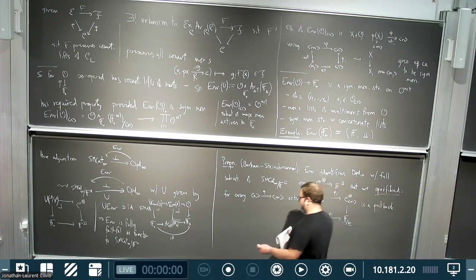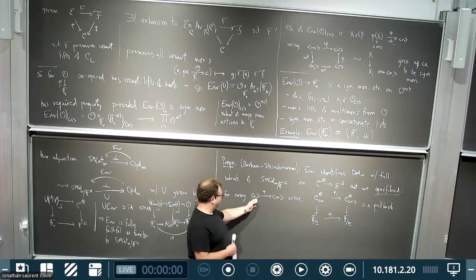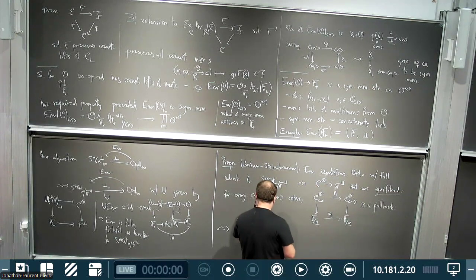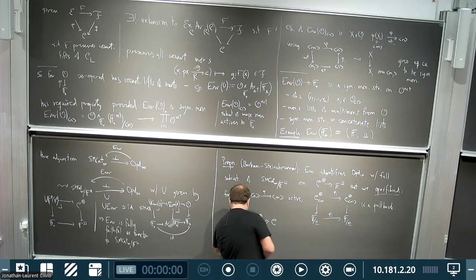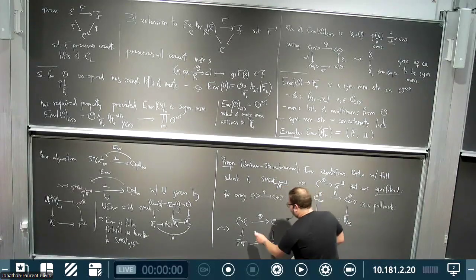And you can actually reduce this to just the case of phi being the active map from 2 to 1. And so this is the same as saying that if I look at the tensor product functor from C cross C to C, and I use my functor to finite sets, this is a pullback.